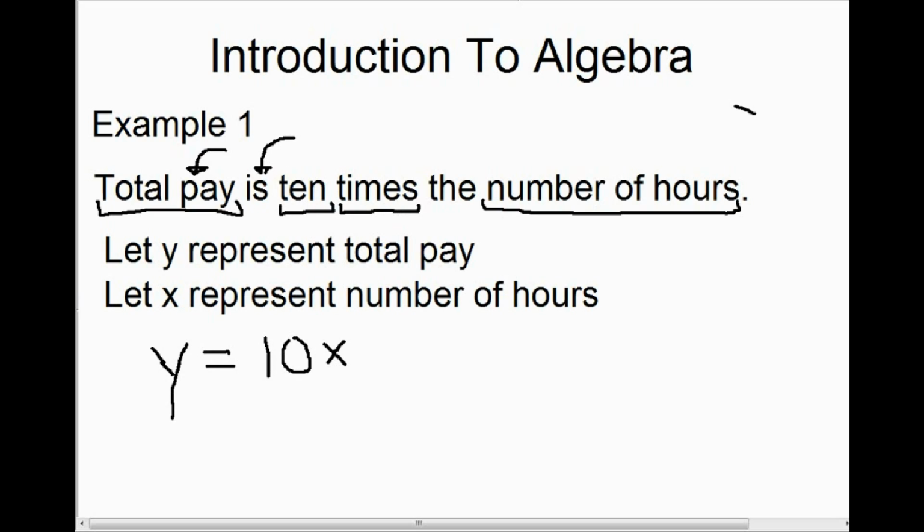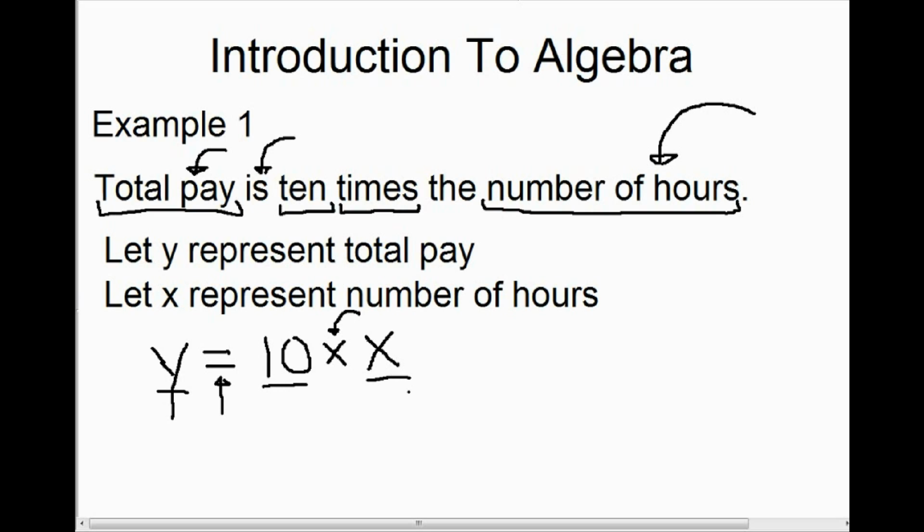And then I have number of hours, which again varies, it changes, so I have assigned a variable to that, and we've called that x. So here we have total pay is 10 times the number of hours, where y represents the total pay and x represents the number of hours.